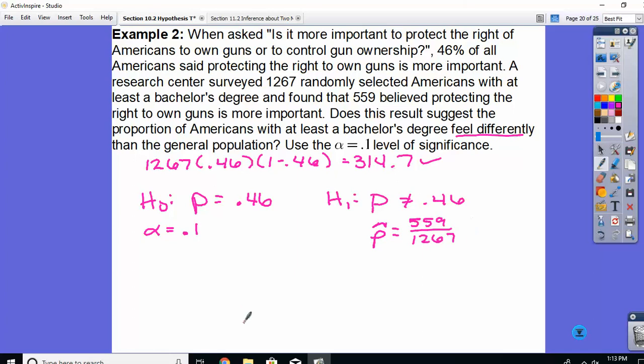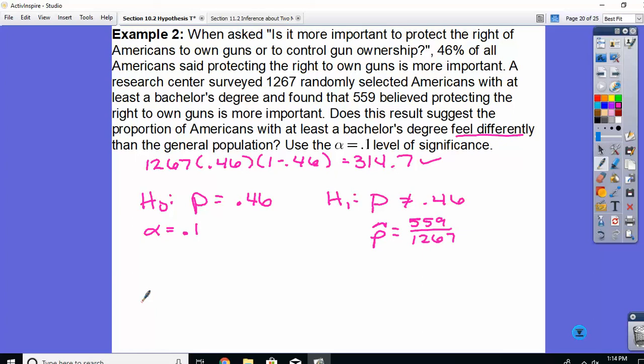And what I get, it tells me that my z value is negative 1.34. And it tells me my p, the probability of that happening, is 0.1794.